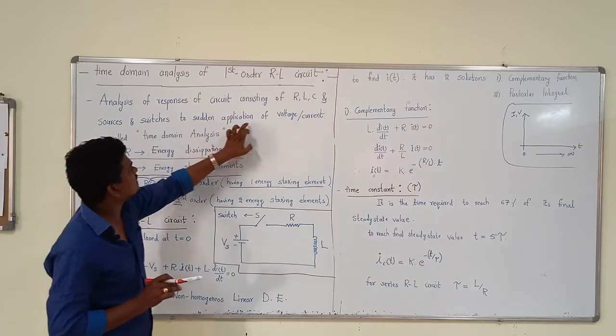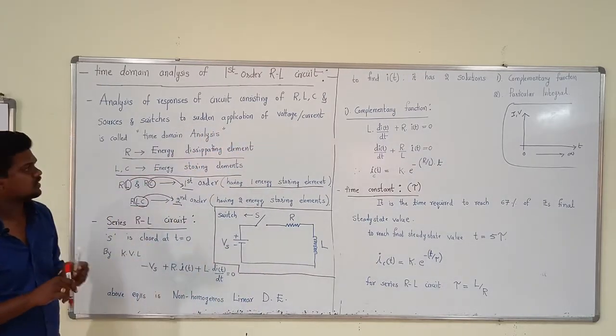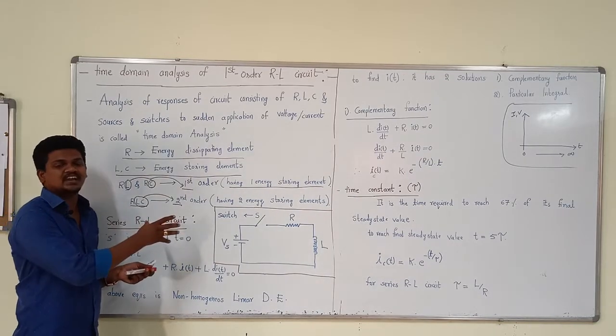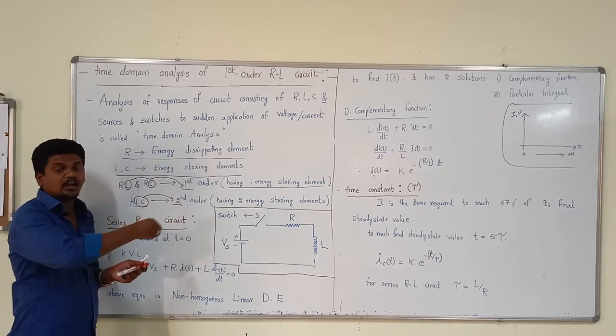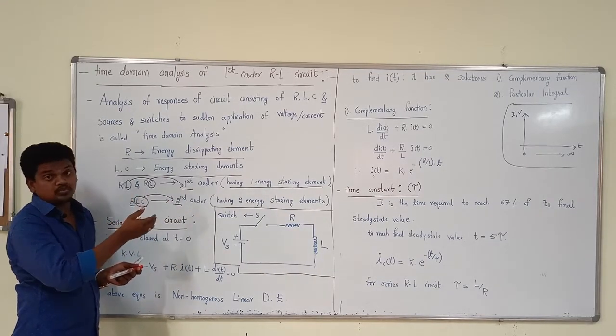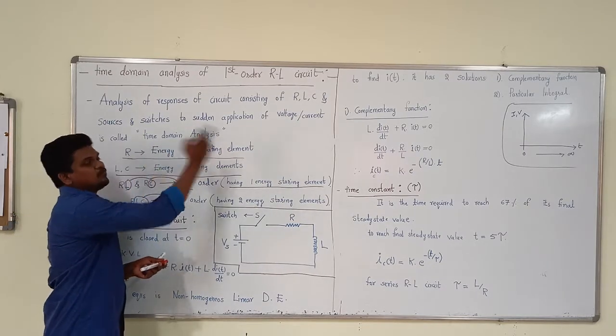Sudden application of voltage and current is called time domain analysis. For any circuit, if you suddenly apply the voltage or current, how the current and voltages vary according to time will be discussed in the time domain analysis.